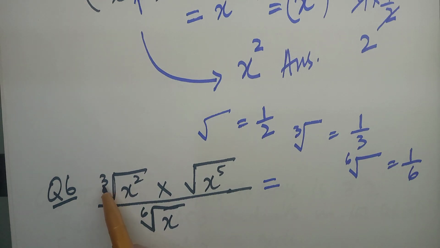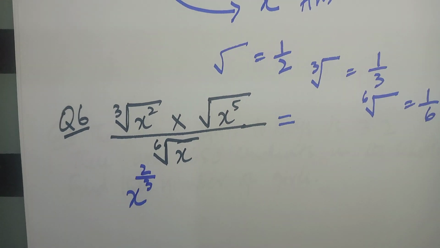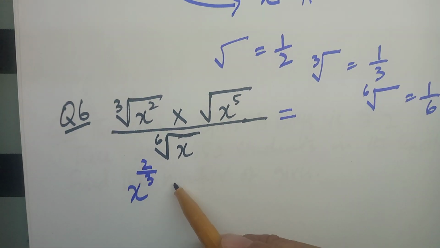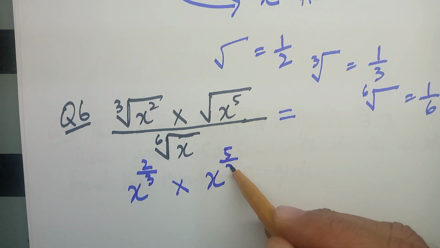So when I convert this radical form into the index form, this is equal to x raised to the power 2 upon 3, multiplied by x raised to the power 5 upon 2.